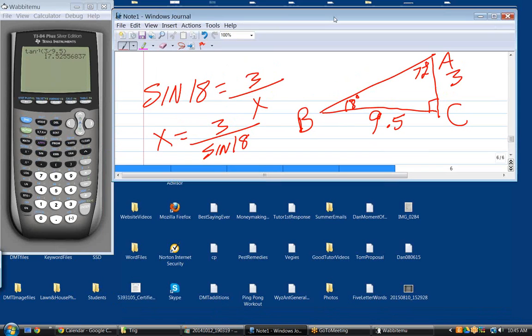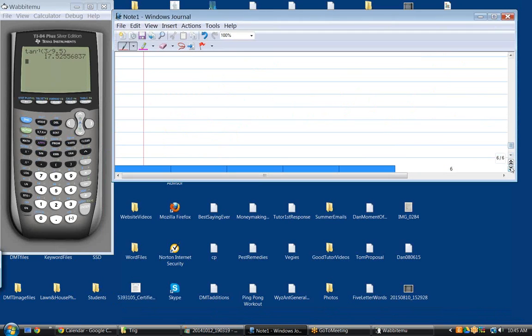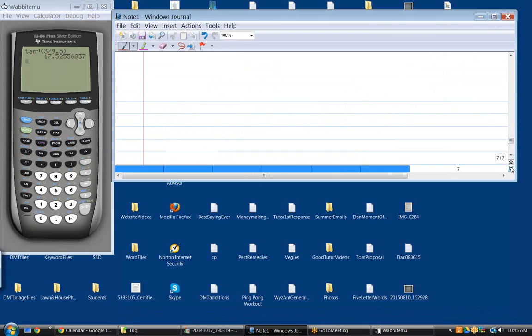In other words, a typical word problem in trig is there is a flagpole that's 10 feet high, and if you point a surveying tool at it, your angle of inclination is 28 degrees. How far away from the flagpole are you? So that would be a classic word problem.